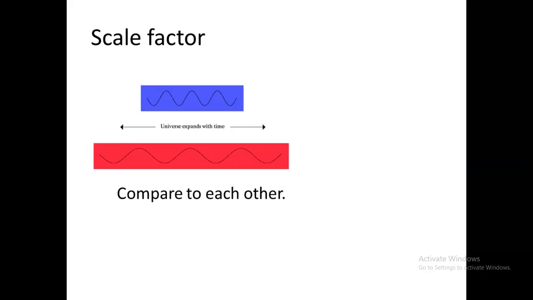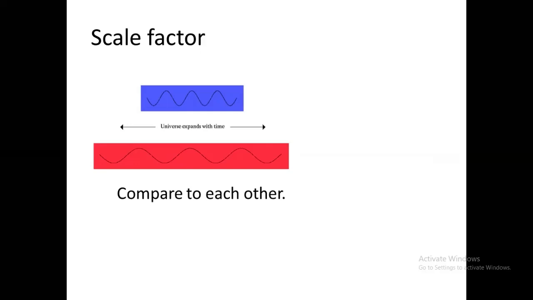So you can see that these wavelengths or these photons, they change, right? The one on top is blue, the one below is red. The one on top has shorter wavelengths, the one on the bottom has longer wavelengths. And you can also say the inverse about its frequency.